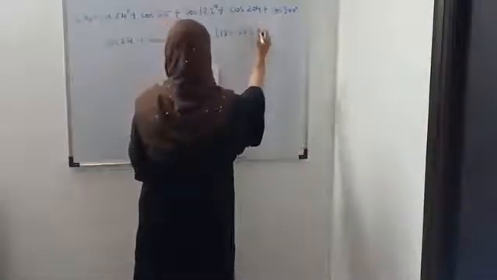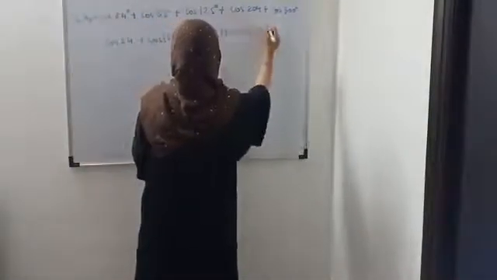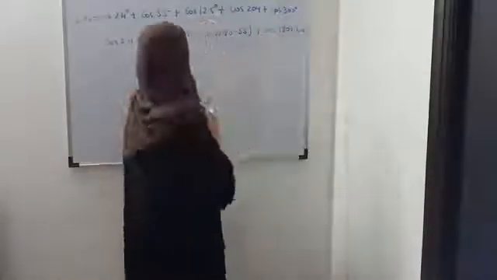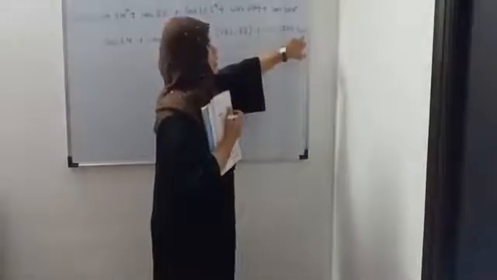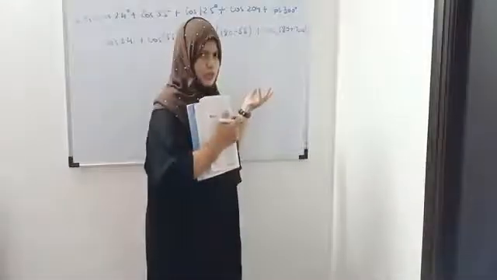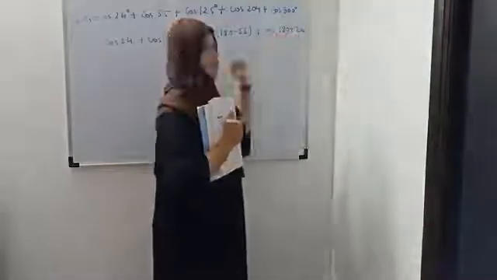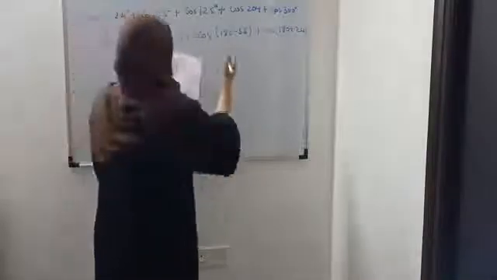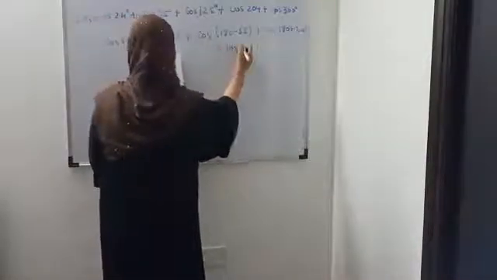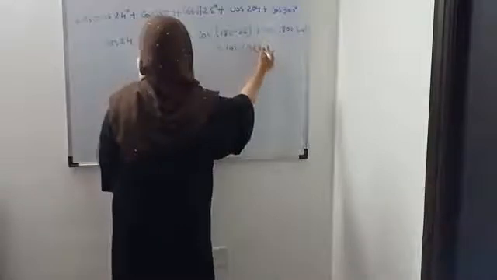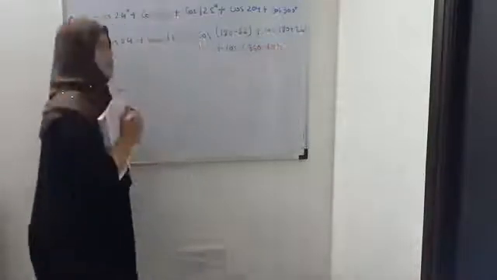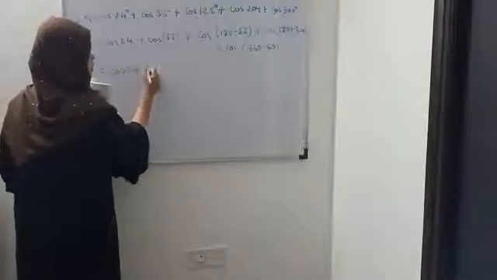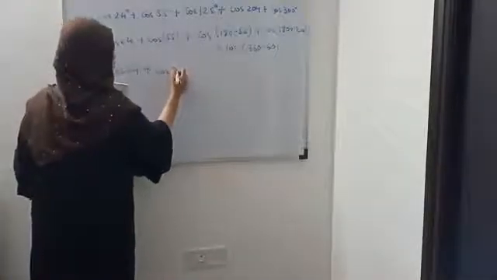Similarly, we will use 204 as cos(180 plus 24). Why am I using this 180 plus 24? 204 could be written in other ways too, but I am using 180 plus 24 because 24 is there in my answer, right? And the last one, cos 300, can be written as 360 minus 60, right? So now we have cos 24 as it is plus cos 55 as it is.